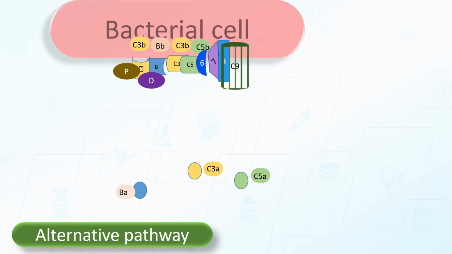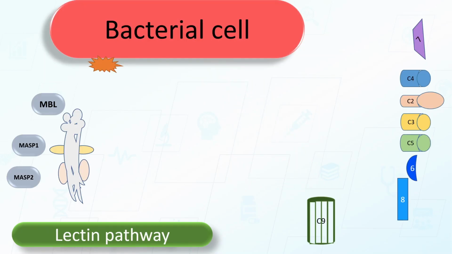But the lectin pathway fairly looks like the classical pathway, but without antibodies and a C1 protein. The lectin pathway is dependent on collectins like mannose binding lectins and ficolins. The mannose binding lectins and ficolins will bind to sugar residues on the surface of microorganisms.